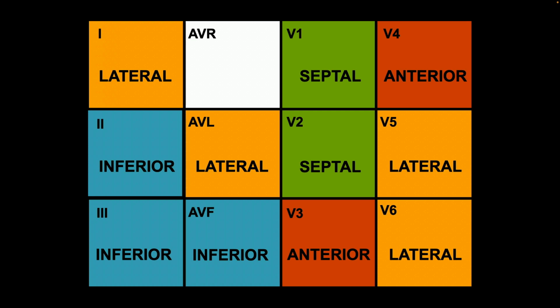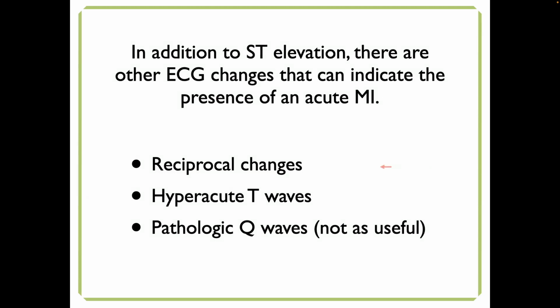But there are other pieces of evidence that you can accumulate, and will be expected to accumulate in this class, to say, yes, this is a STEMI, this is not a mimic. We're going to be talking about these a lot, but we're going to start today.